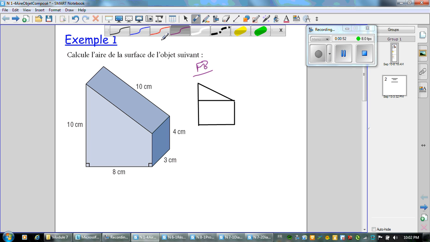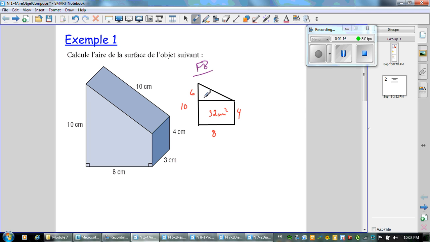So let's do that. The rectangle, let's start with the rectangle, has a base of 8 and a height of 4, so the rectangle will have a surface area of 32 centimeters square. Now the triangle has a height of, well, if the whole height is 10 and that's 4, this has to be 6.